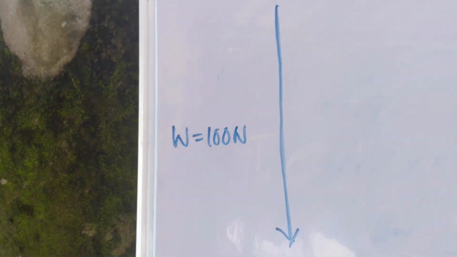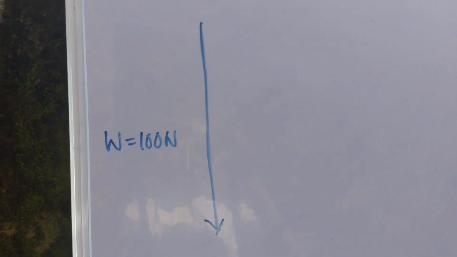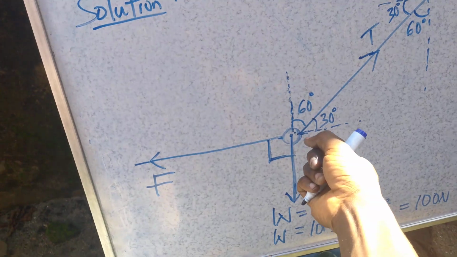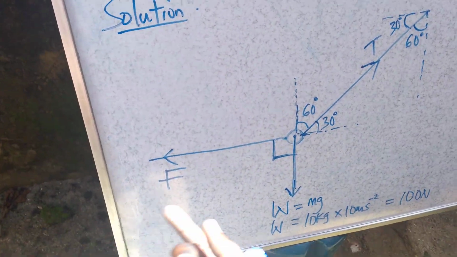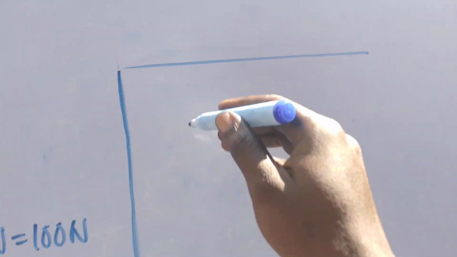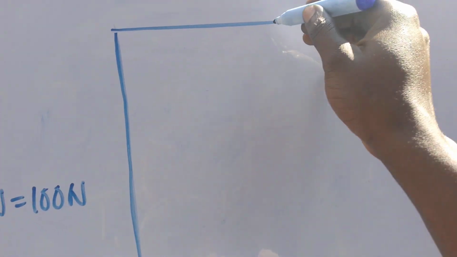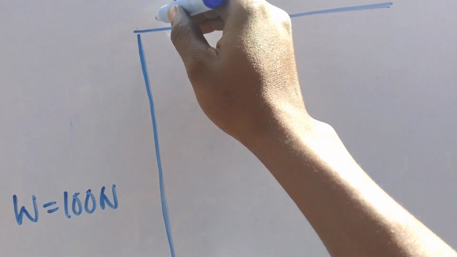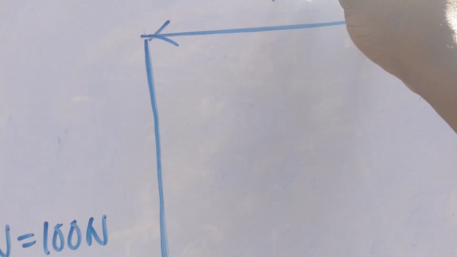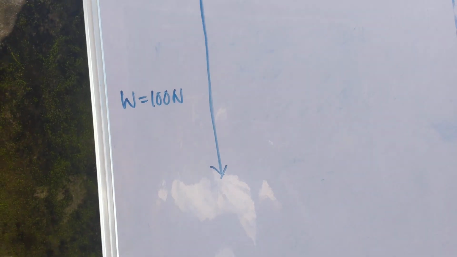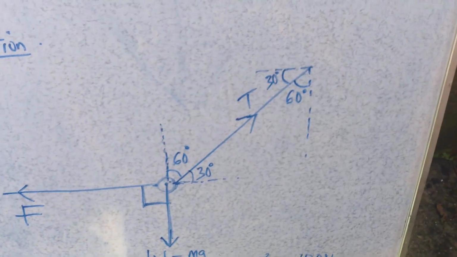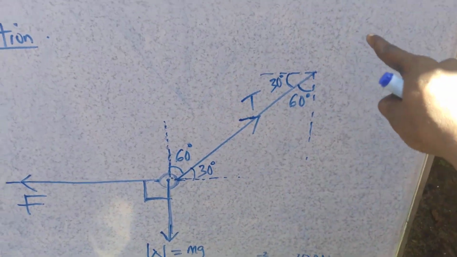Then the next thing I'll take is the force. I'll take this force going this way, and the force going that way is force F. And then I'll take the tension. This is the direction of the tension force, going like this.